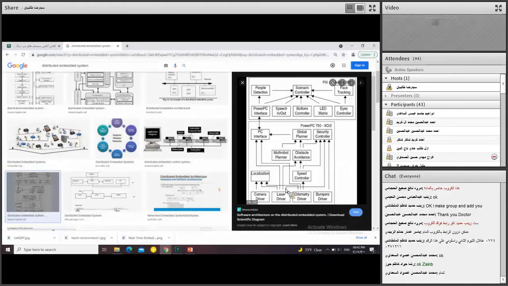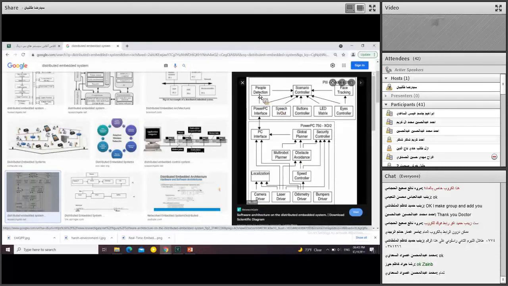Another example of a distributed embedded system, like here. In this distributed embedded system, you can see, for example, a very complex system. But this system has two parts.